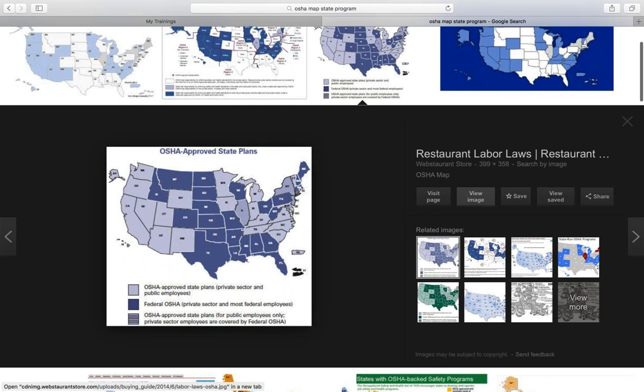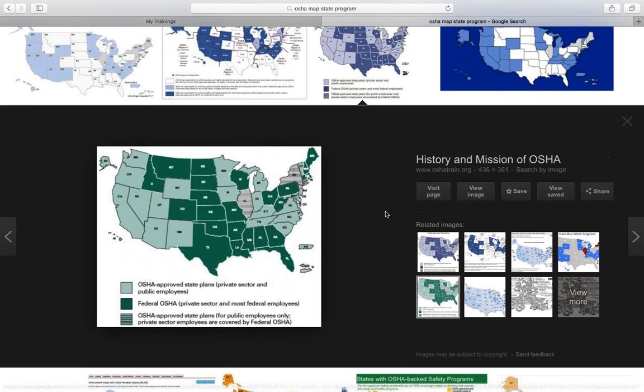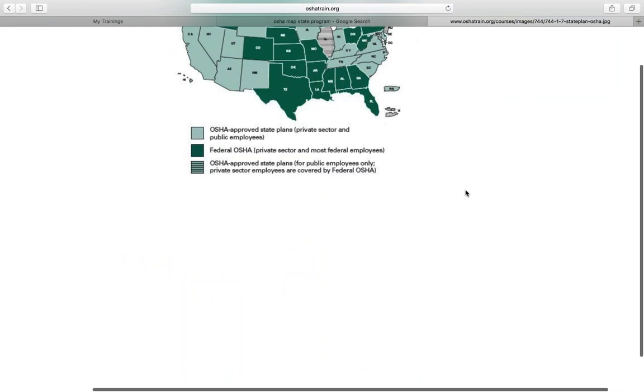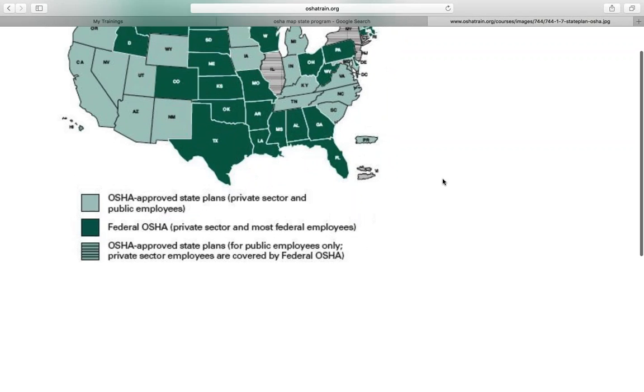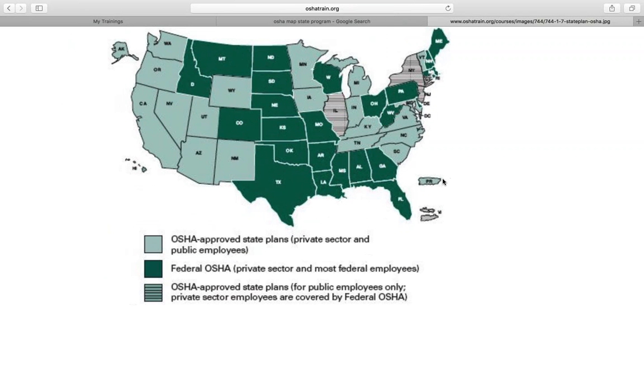So, on this green map, anything in dark green is under the federal program. Anything in light green has its own state program.